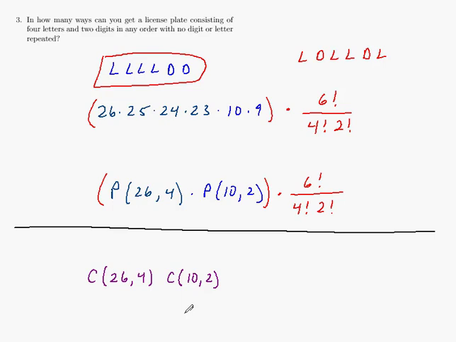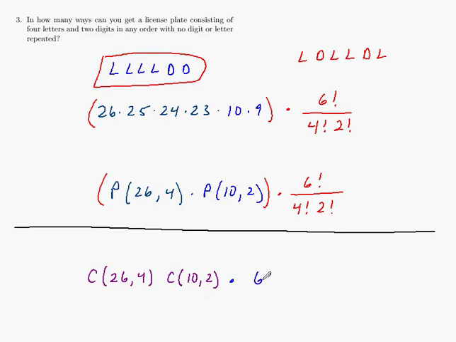Now we know the combination 26 choose 4 picks 4 letters out of all 26 letters, but combination means order is not important. So in other words, it's like picking the 4 letters and holding them in our hand. The combination 10 choose 2 picks the 2 digits and holds them in our hand. So in our hand we have 6 items. Now we want to know how many license plates we can make out of those 6 items.